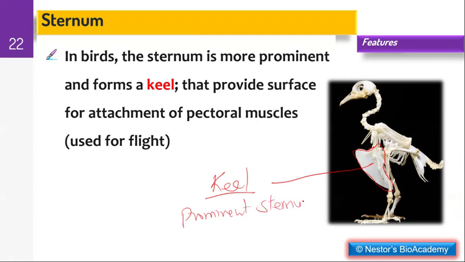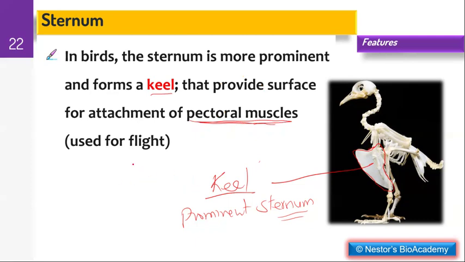And why is it very well developed in the birds? The birds always rely a lot on the flight muscles for their locomotion. So this prominent development of the sternum to form the keel provides a large surface area for attachment of the pectoral muscles. The pectoral muscles are the muscles which the birds often use to enhance their locomotion.